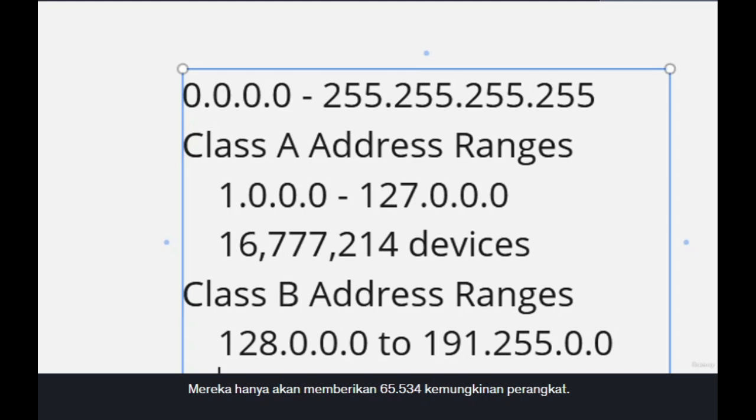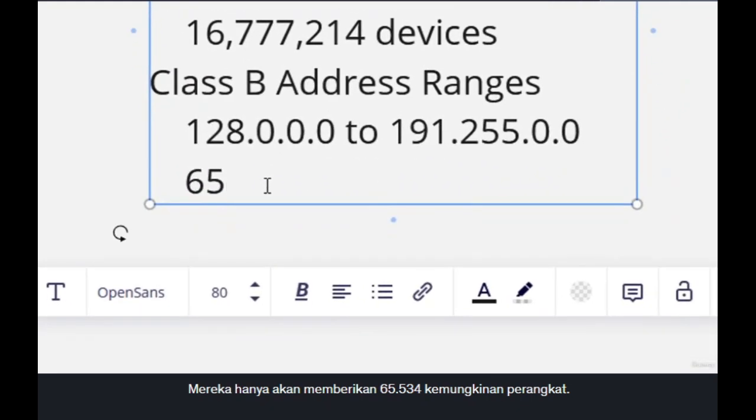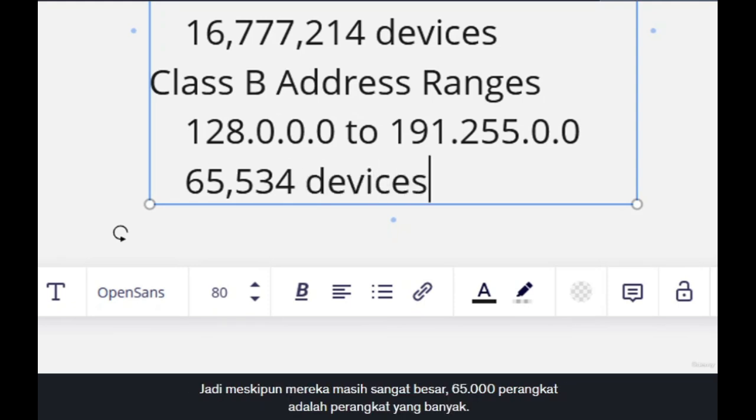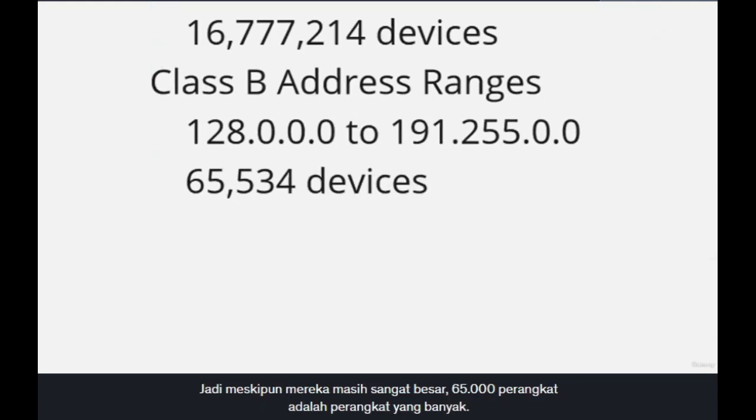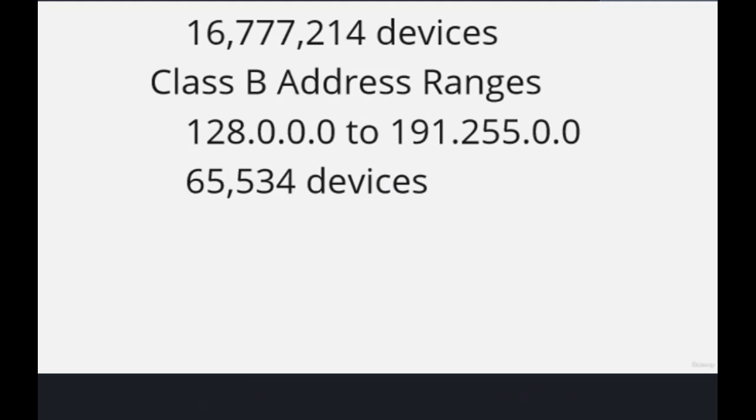They're only going to give out 65,534 possible devices. So although they're still really big, 65,000 devices is a lot of devices, they're still a lot smaller than a Class A IP address range. But most organizations aren't going to have 65,000 plus devices.